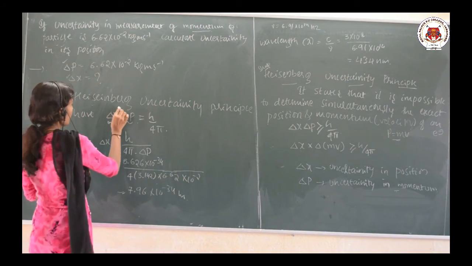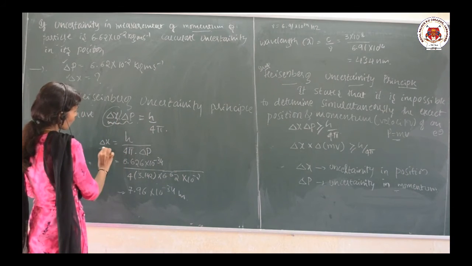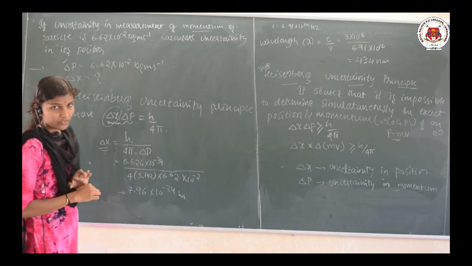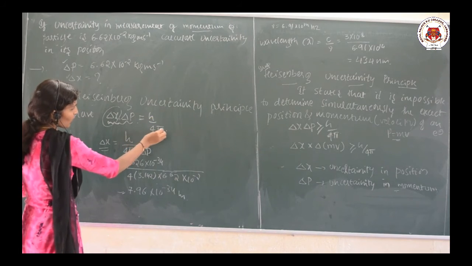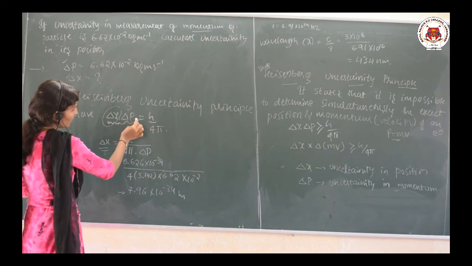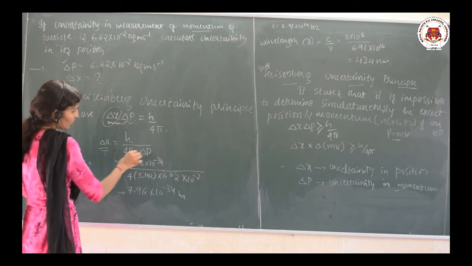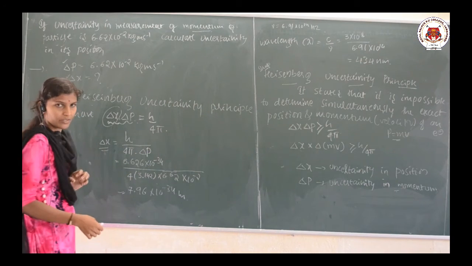Here I need to calculate delta x, so I separate out the delta x term and keep h as it is divided by 4 pi, and delta p is multiplication, so it goes to the denominator.